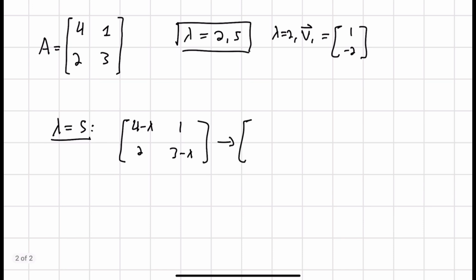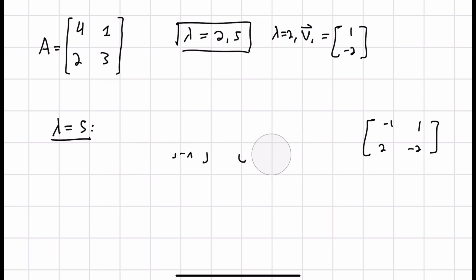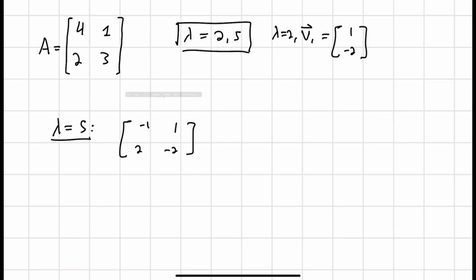So we have 4 minus 5, 1, 2, and 3 minus 5. And this gives us the matrix negative 1, 1, 2, and negative 2. And now let's multiply this matrix with x, y equal to 0, 0.